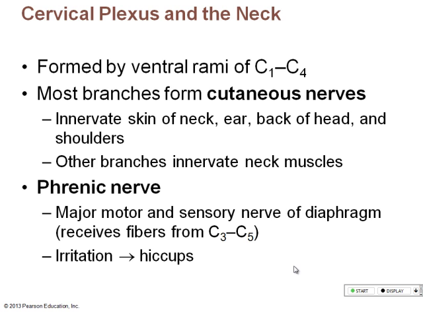So, cervical plexus and the neck region. Now, we're going to go very basic with this information. The book gets a little crazy, but I just want you to have a basic definition and understanding of where that plexus of nerves serves. So, most of the branches form cutaneous nerves, and where is the innervation going to take place?